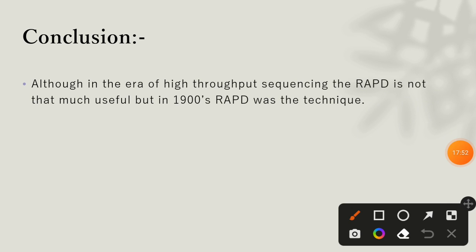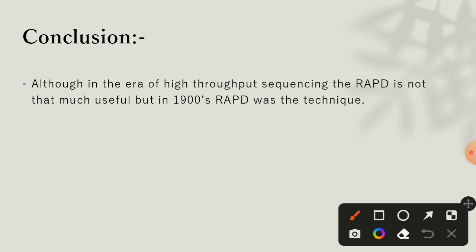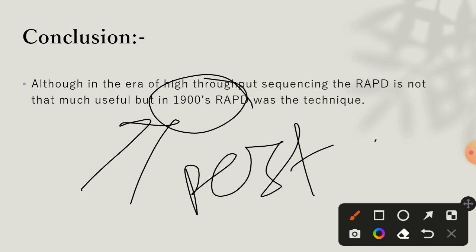Okay, so now as we are in the era of high throughput sequencing, techniques like, for example, RAPD or RFLP are no longer very relevant in these years, right? But in the 90s RAPD was the technique that we were using. Another important thing you have to remember is that it is a post-PCR era invention, right?